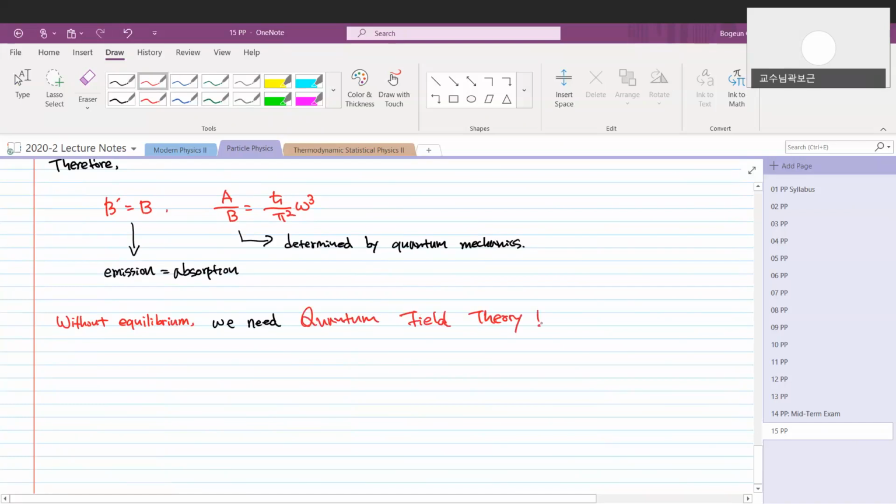To understand the black body radiation in all its details, we need quantum field theory. So I will talk about the basics of quantum field theory next time. See you then.